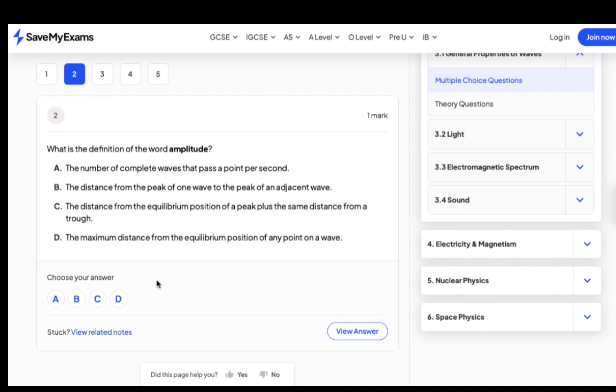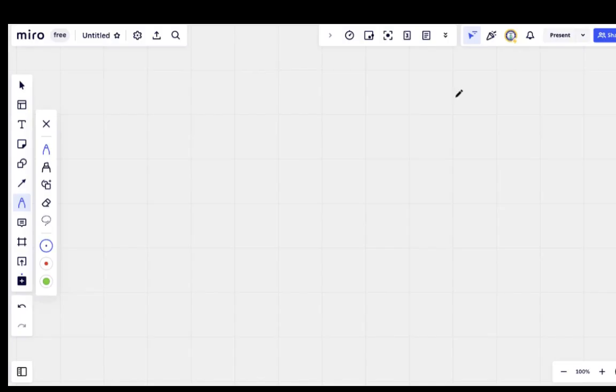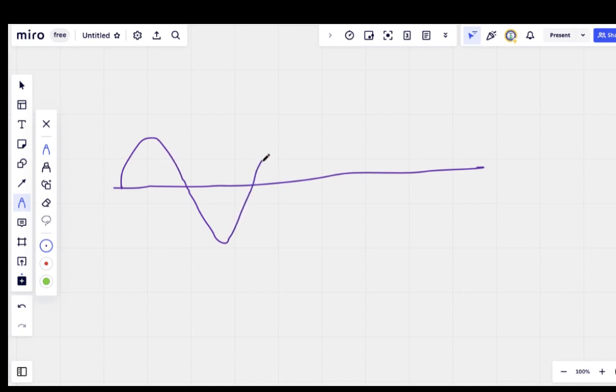The distance from the equilibrium position: this is a wave, for example, and this is the equilibrium position. Then you have the peak, back to the equilibrium position, and then back to this place like this. This is a wave, a transverse wave.